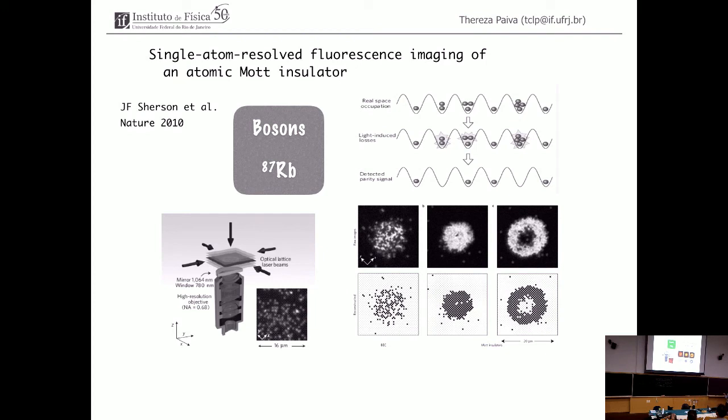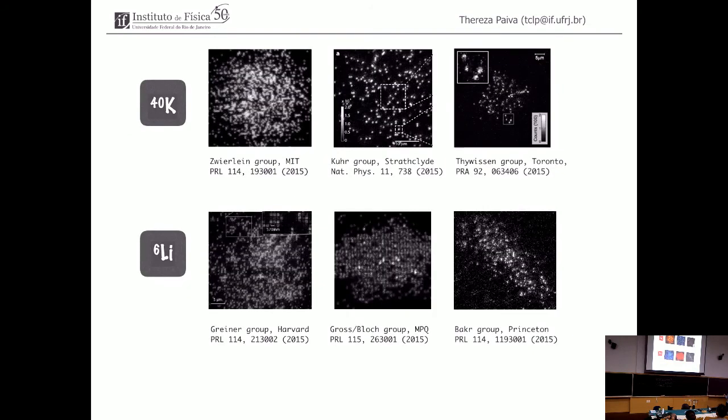So what is actually measured here is parity. If a site is empty or doubly occupied, it shows as empty in the figure. When we have a lit site, we have a single atom, either with spin up or down.